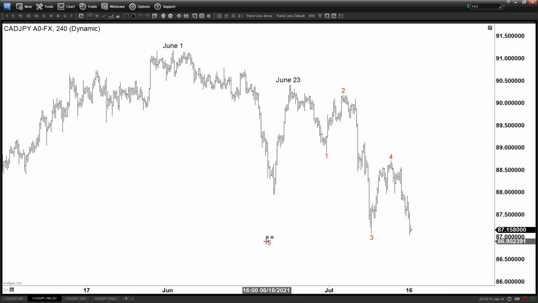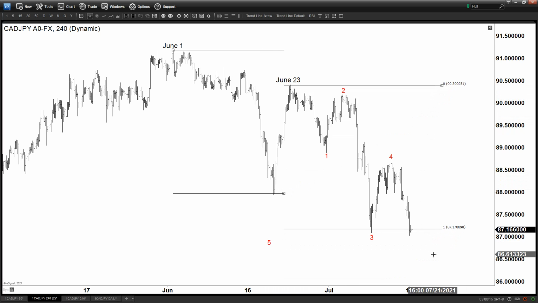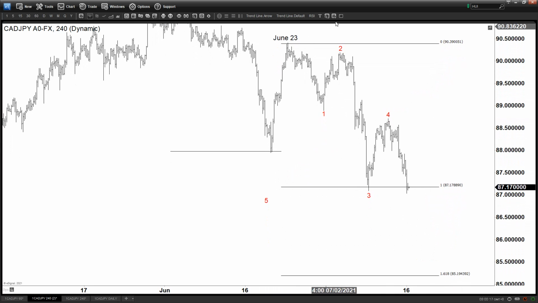Secondly, if you look at it from the June 1st peak and you measure the Fibonacci extension from here, you see that it has reached the 100%. So again, that's usually also an indication that we are close to some sort of support.